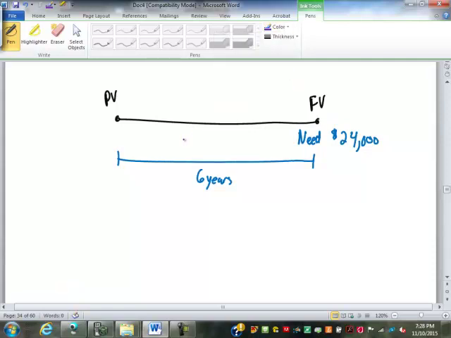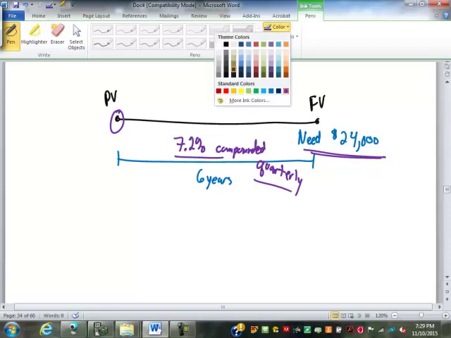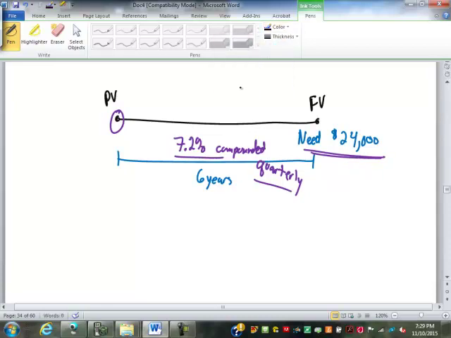If we can get 7.2% compounded quarterly, how much do we have to put away right now at that rate for 6 years to end up with $24,000 at the end of 6 years? This is not near as difficult as it sounds.